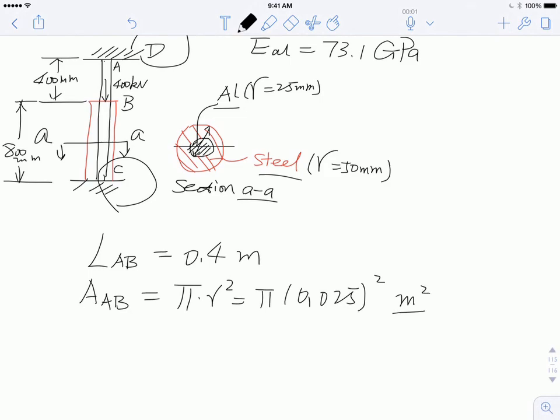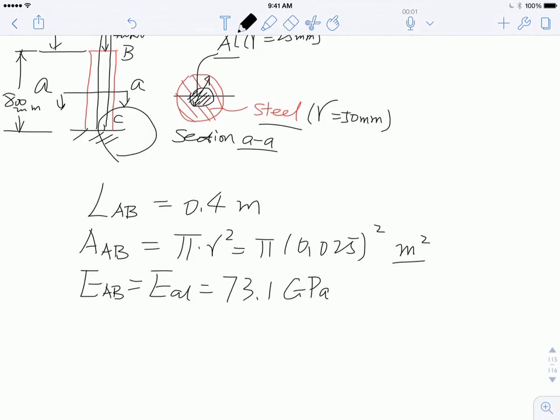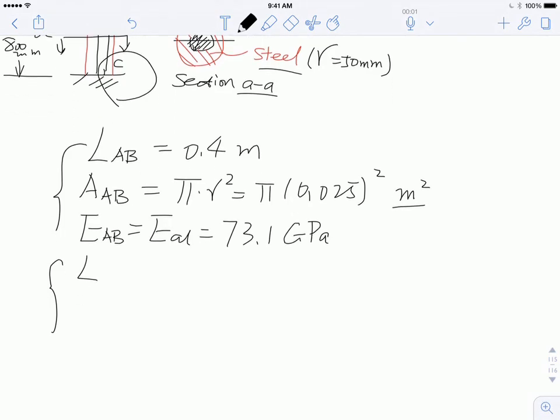Now also, E_AB is Young's modulus of aluminum, that is 73.1 gigapascal, and this is everything for AB. Then I also have L_BC for the section BC that is 0.8 meters long, and A_BC for the section of aluminum, because BC is complicated.